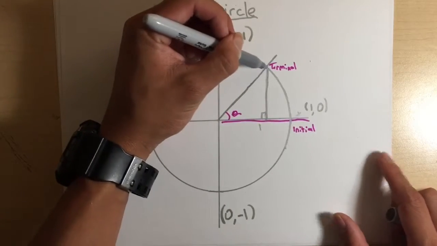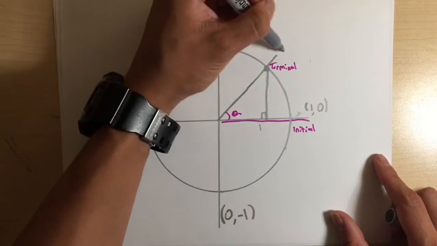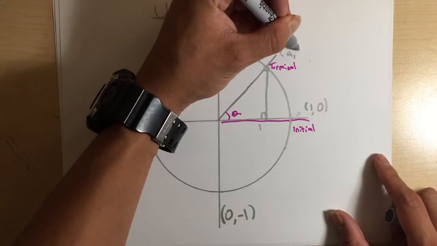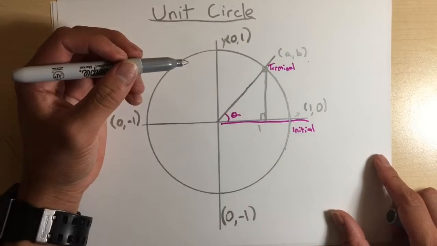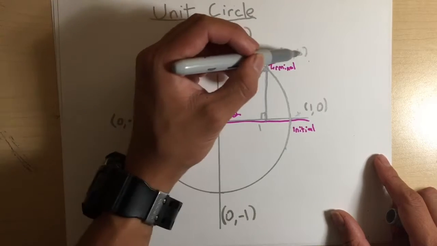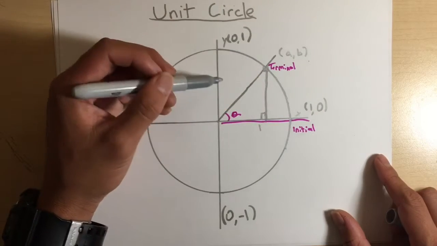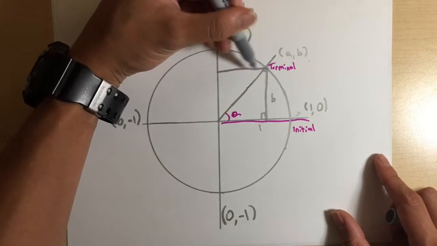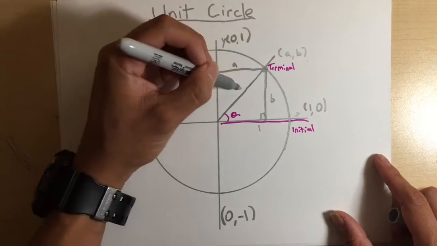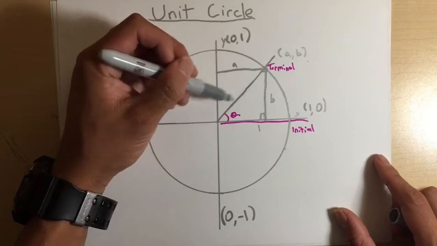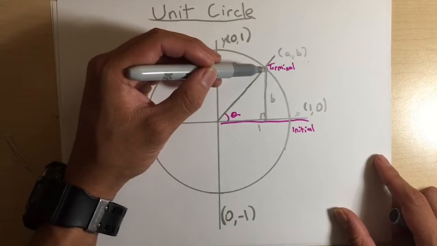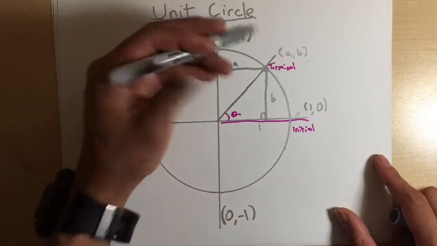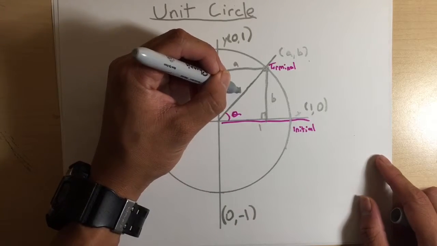So if we were to make a point right here, its coordinates, let's say it would equal A and B. So this side right here, since it's on the y-axis going up, would equal B. And likewise, this would equal A. And of course, this line right here being the same size as here, which is 1, this would also equal 1 unit.